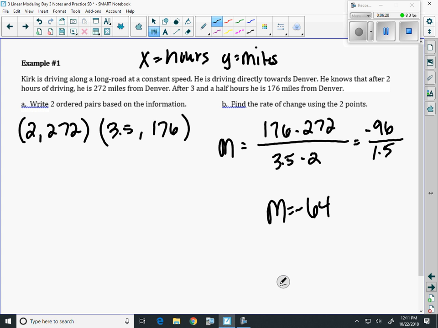All right, I'm getting negative 64. Do you agree? Yeah. Okay, any issues on finding slope there? Now let's keep moving here.